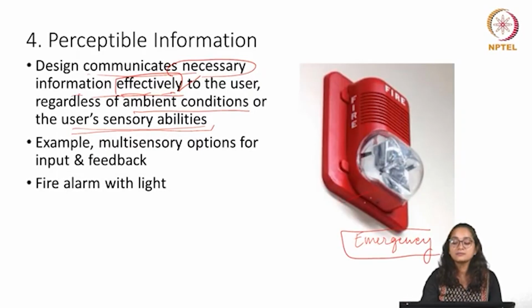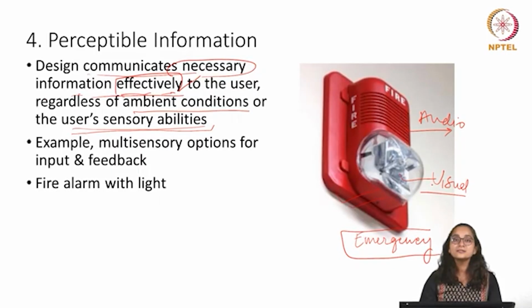For example, a multi-sensory fire alarm is not just audio feedback, but also a very bright visual feedback as well, so that people who are hard of hearing or unable to hear can also understand that there is an emergency situation or a fire alarm blaring, and they can evacuate the location or follow the drill, right.